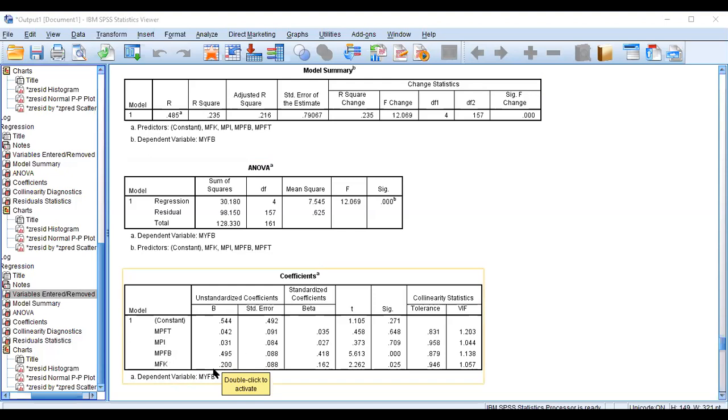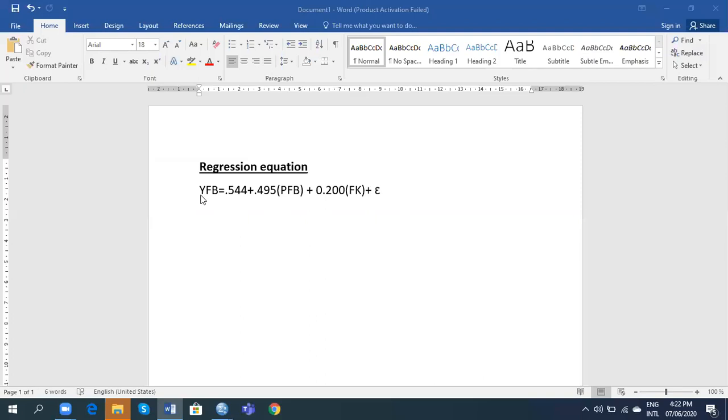Now let me show you how to write the regression equation. Now this is the regression equation. Youth financial behavior equals the constant term, 0.544, which is the intercept, right?